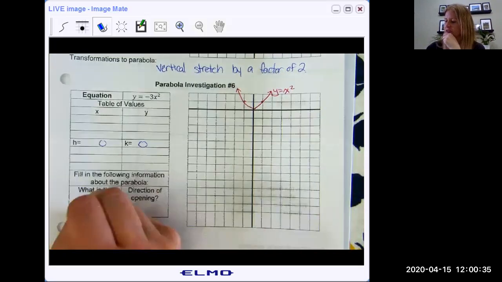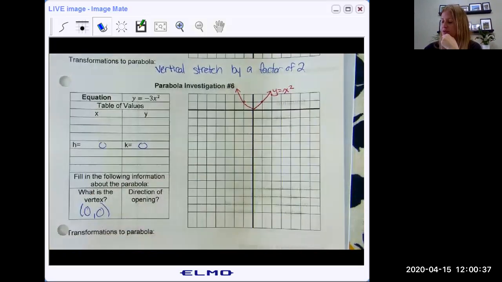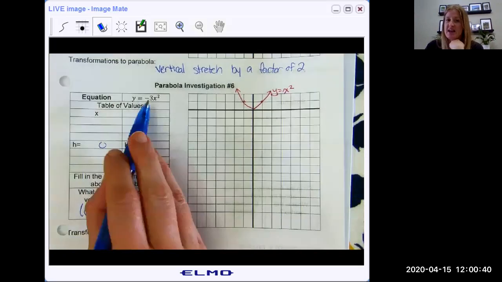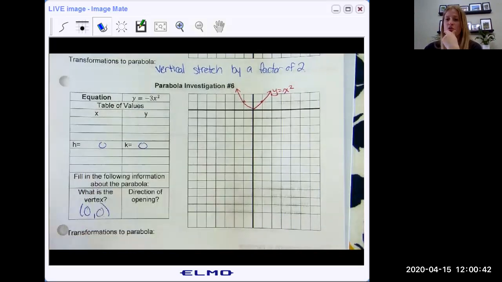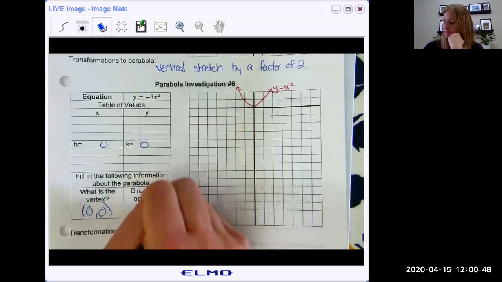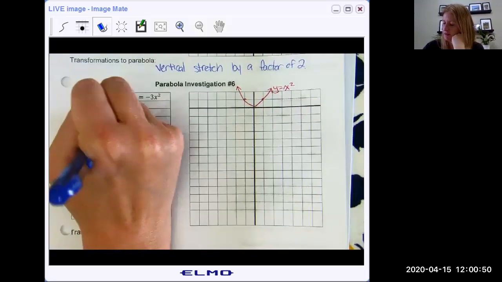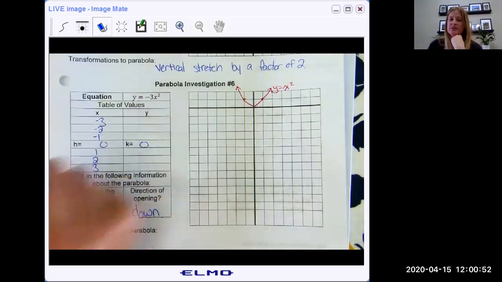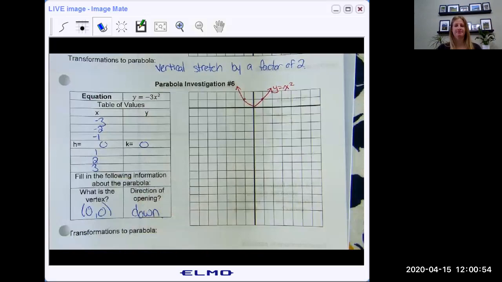H and K are 0. So again, 0, 0. However, A is negative now. So what direction does that parabola open? Down is correct. Okay, figure out our Y values, please.